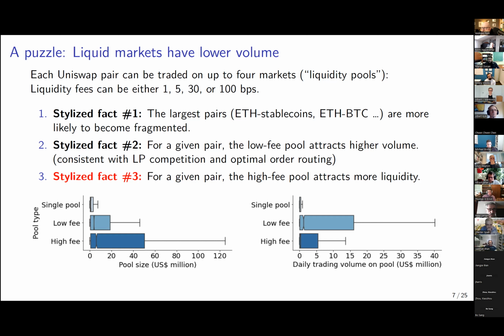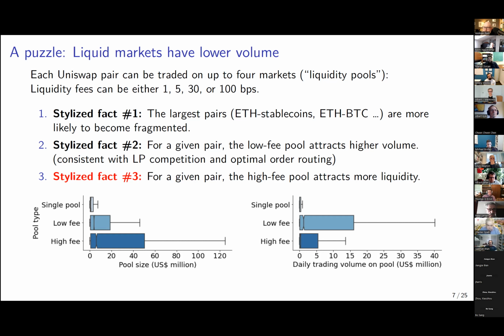And when they first launched the protocol, what the Uniswap founders thought is that for every particular pair, trading and liquidity was going to be focused in one pool, with a liquidity compensation that's proportional to the volume.